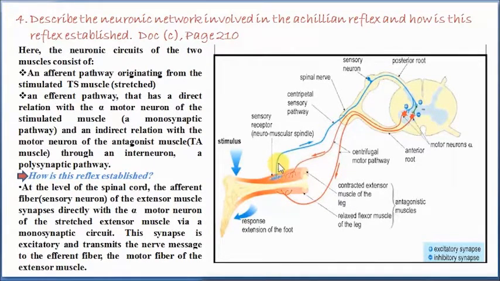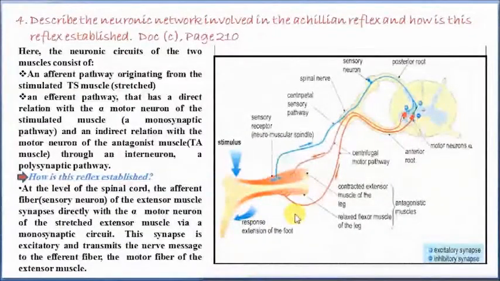So here you're going to see that we have the sensory neuron. Now, the sensory neuron is synapsing with the motor neuron, the alpha motor neuron, going to the same muscle. This circuit should ring a bell.